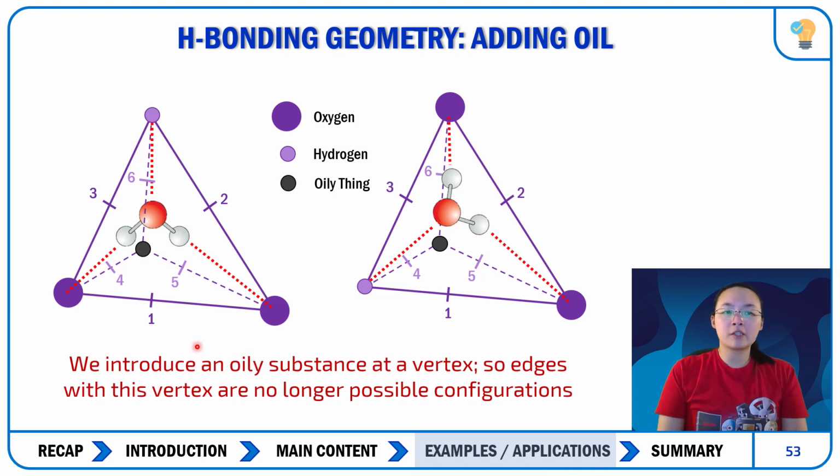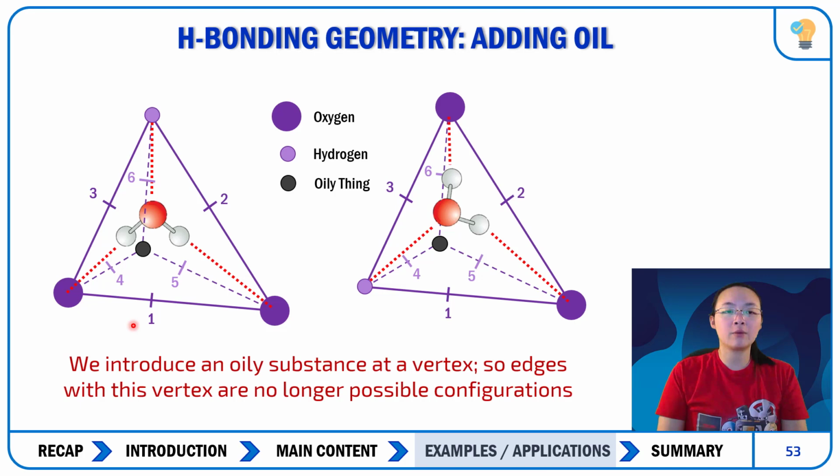So all of our possible configurations for H are going to be limited to these three vertices. So that means I have one configuration for side 1, another configuration for side 2, and another configuration for side 3. No matter what, there's going to be one side that's null, so your lone pair of electrons can only interact with the remaining vertex that isn't an oily substance.